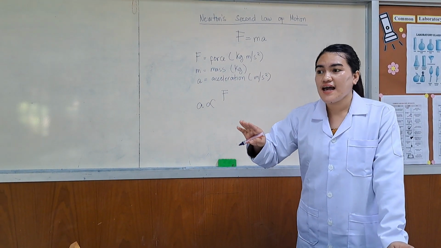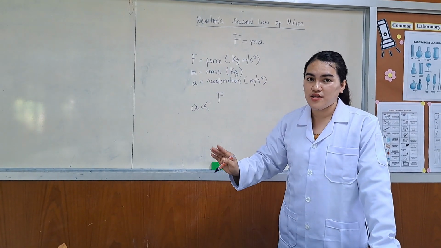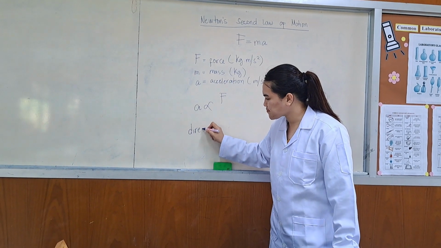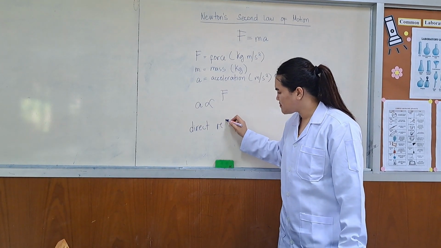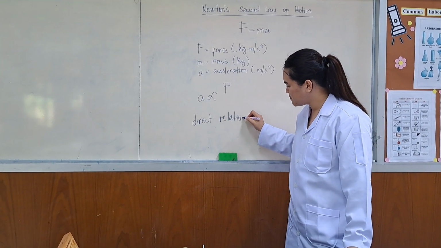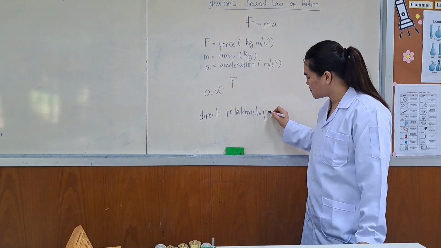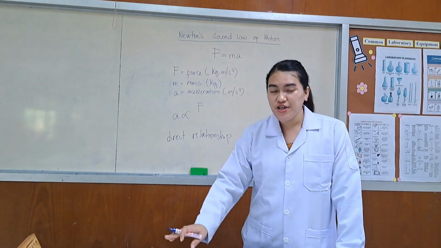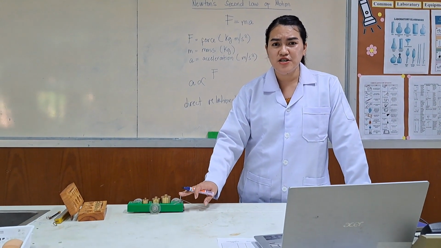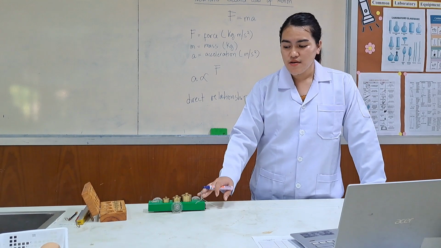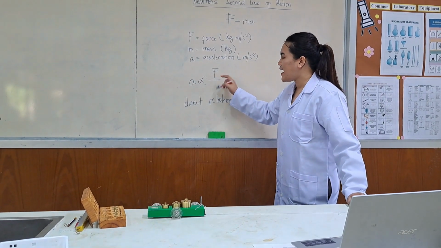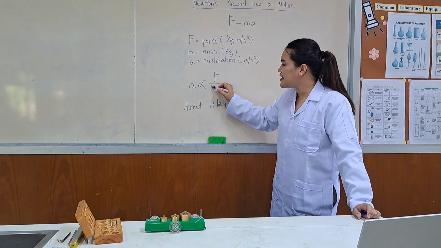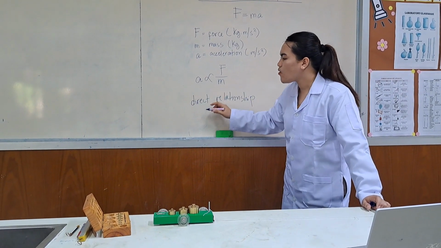When one goes up and the other goes up, that is called direct relationship. Meanwhile, we have also observed that when we change the mass here, acceleration lowers. So it means that acceleration has an inversely proportional relationship with mass, or indirect.